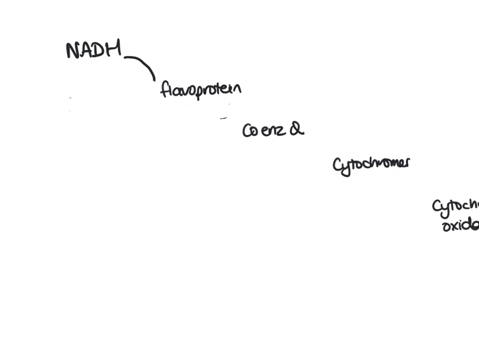But basically, it passes hydrogen on to the flavoprotein. At that stage, enough energy is liberated to allow ADP and inorganic phosphate to become ATP. Because there's a drop in energy levels, that energy is enough to cause ADP to become ATP.